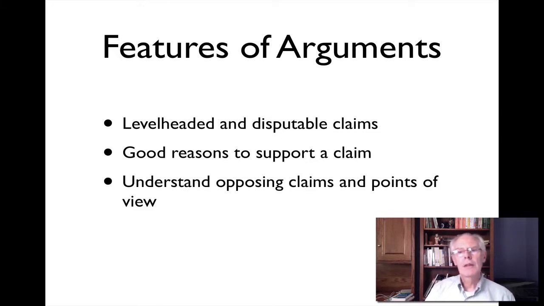Then there's an understanding also in good arguments of opposing claims and points of view. Now this is for two good reasons. Obviously, if you exclude or pretend that there are no opposing points of view, then there's really no point in your argument, and your argument is weak to begin with because you are arguing without a rationale for someone accepting your point of view.